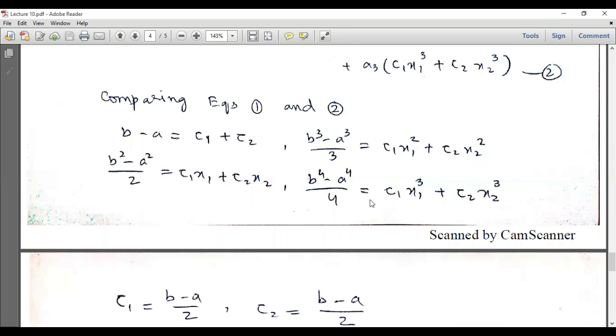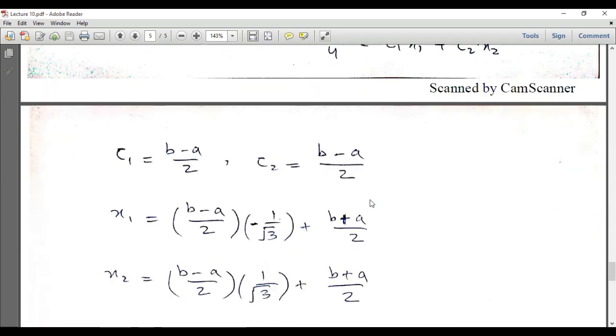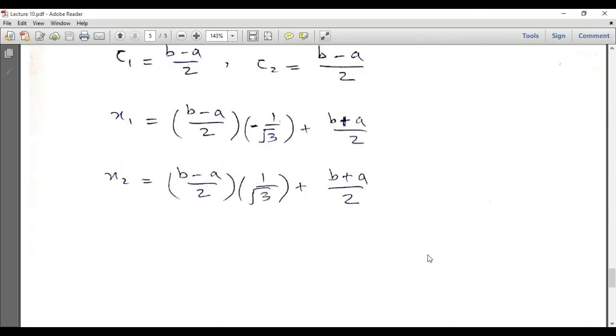This can be done using MATLAB's symbolic math toolbox, as we did for Simpson's rules, and these unknown values are also written over here. So x1 is equal to ((b minus a) by 2) times (minus 1 by square root 3) plus (b plus a) by 2, and x2 is equal to ((b minus a) by 2) times (1 by square root 3) plus (b plus a) by 2.